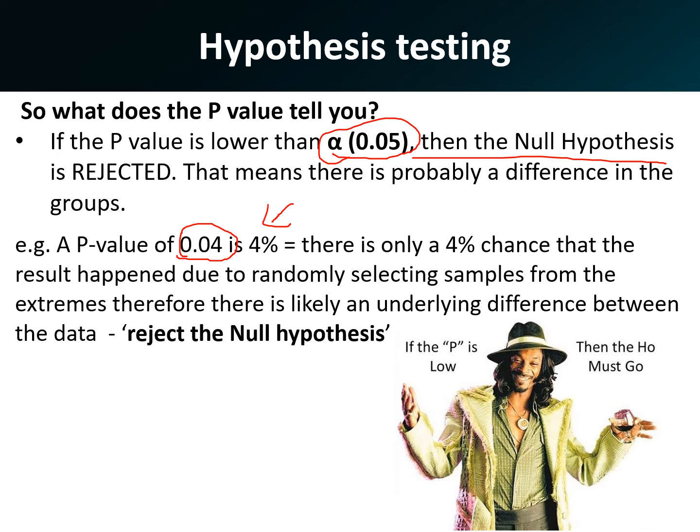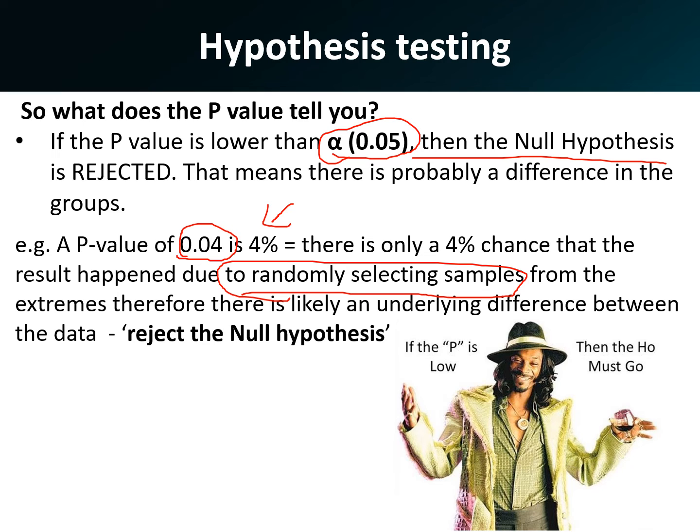All right, so it could be that we just randomly selected samples who were at the extremes. Let's say we selected a whole lot of women who were competitive freedivers in the non-smoking group, and of course they're going to have a large lung capacity.